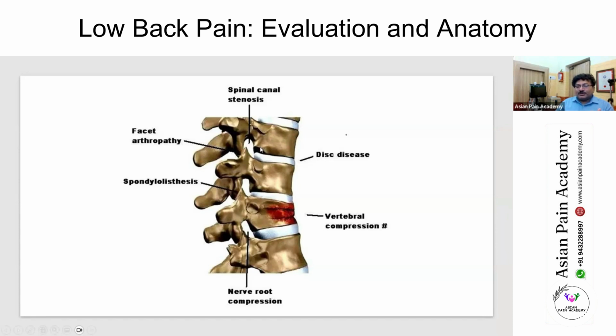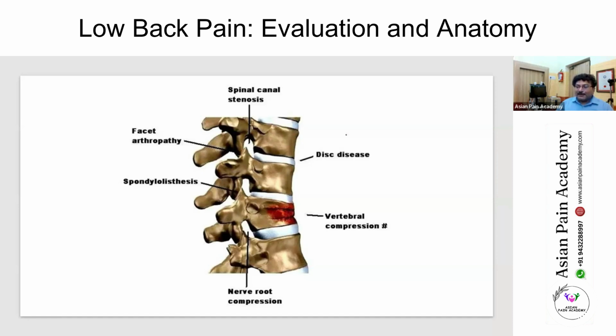The next problem the disc might cause is that the disc is bulged, coming out, causing inflammation at the nerve root or compression of the nerve root. So what will happen? The patient will have radicular pain in a dermatomal distribution that is supplied by that nerve. This is known as pain because of the herniated disc, or lumbar radicular pain.